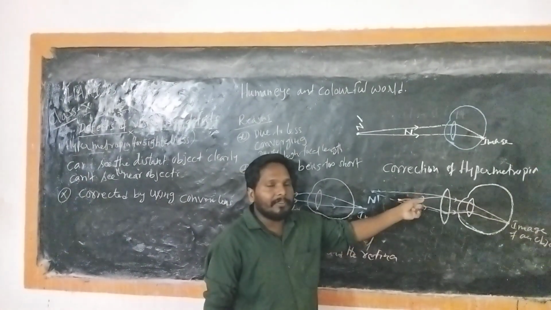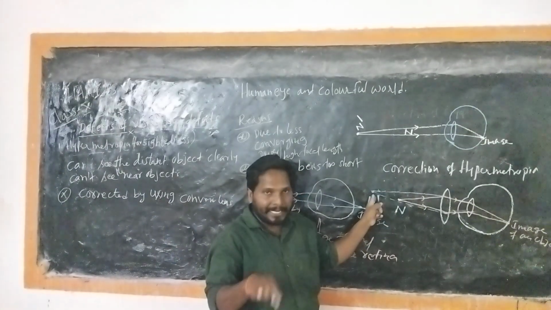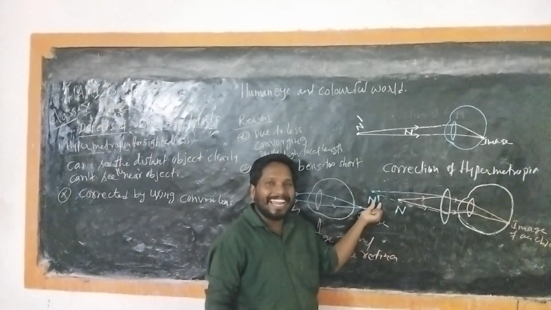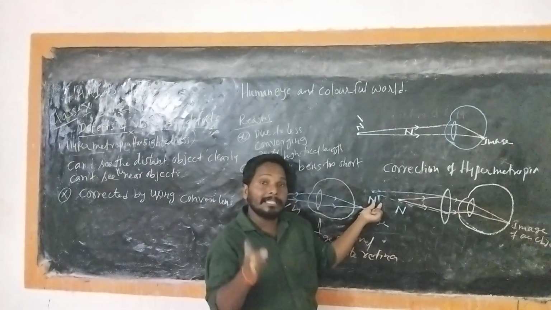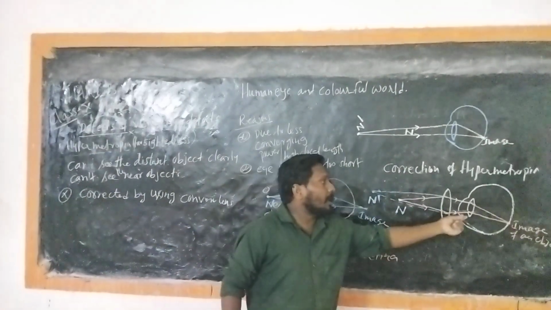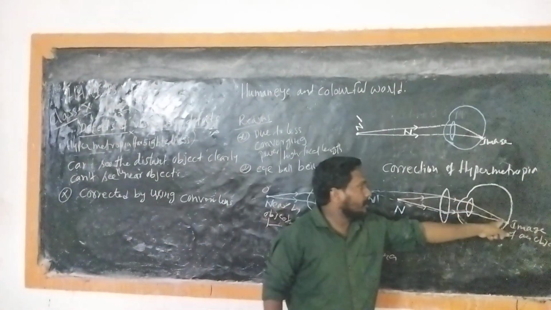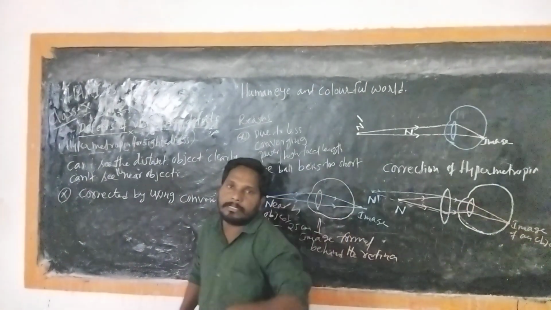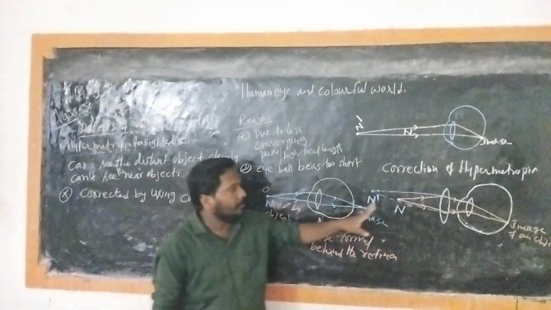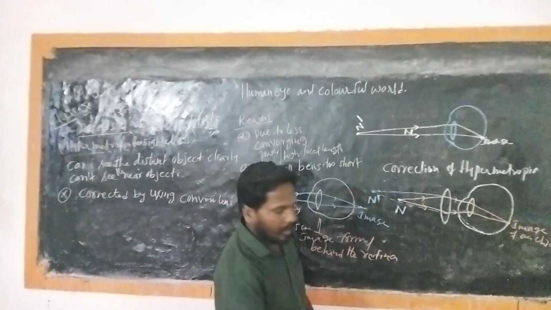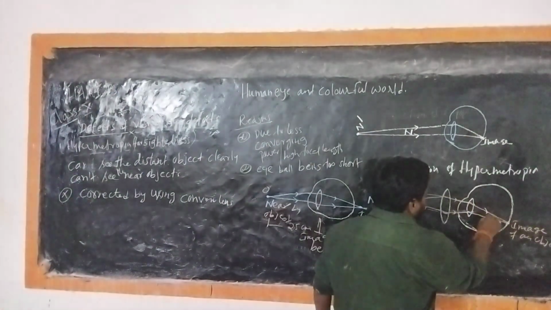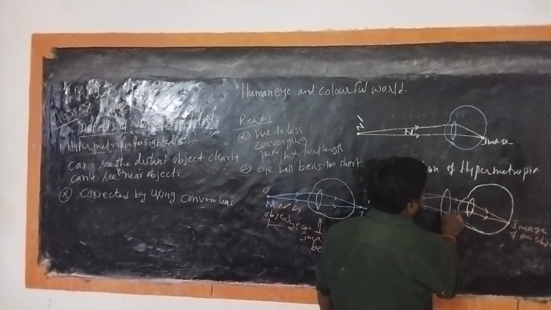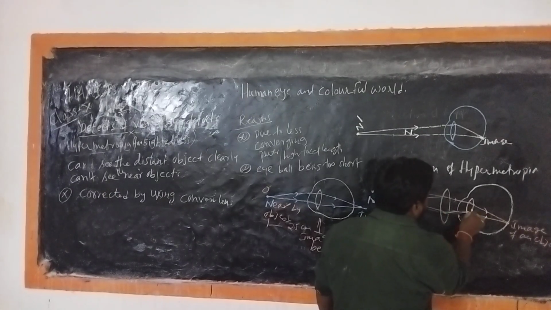This virtual image formed at N dash acts as the object for the eye lens, and the image of the object is formed on the retina. So drawing the diagrams is very important.